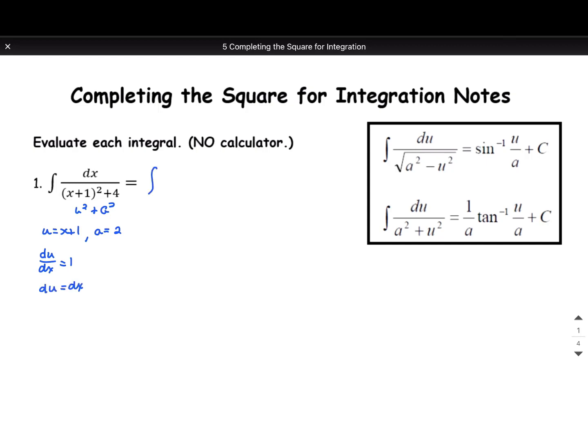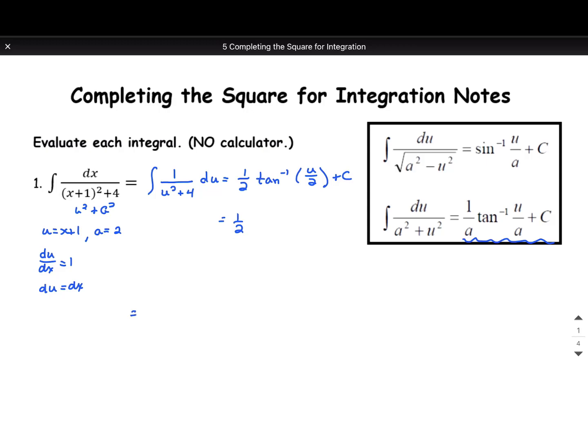So this becomes the integral of 1 over u squared plus 4, or you can put a squared there if you prefer, du equals 1/2 the tan inverse of u over 2 plus c, right? Just taking it right out of the model that we had. Then all we have to do is replace, if you used a instead of the 2, you're replacing the a with the 2 now.